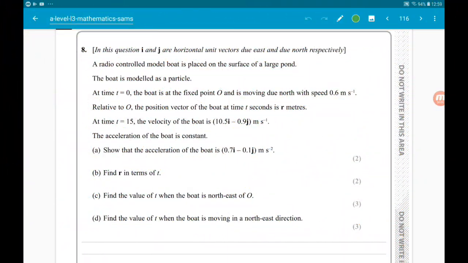Okay, number 8. So in this question, I and J are horizontal unit vectors due east and due north respectively. So I is east, J is north. A radio-controlled model boat is placed on the surface of a large pond. The boat is modelled as a particle. Of course it is.